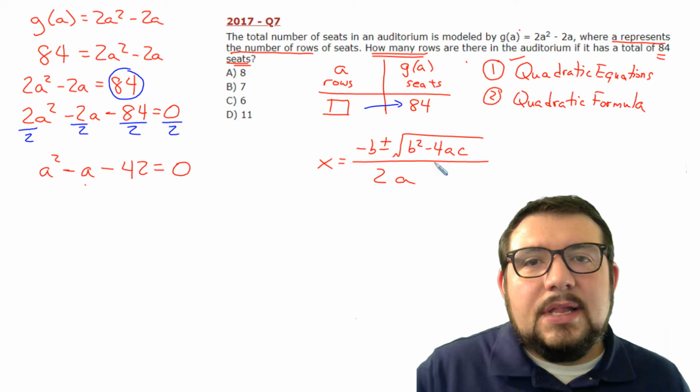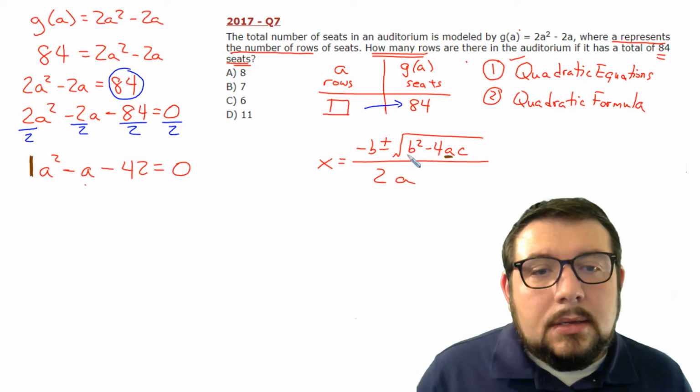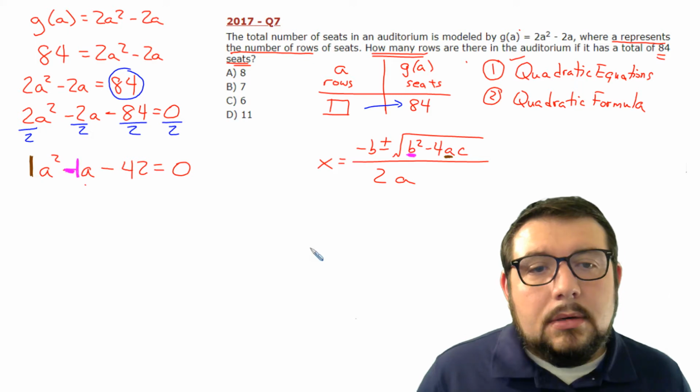Now the B, that B right there, is going to be that -1. And then that C is going to be that -42. Okay, and there we go.